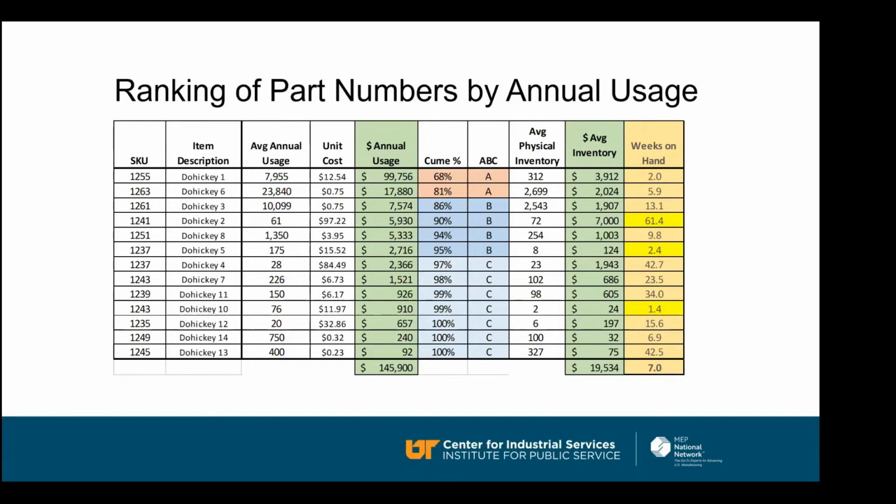A company will have a risk tolerance, a culture of risk tolerance. Too much inventory is expensive. Not enough inventory is also expensive because of lost sales and expediting and things like that.